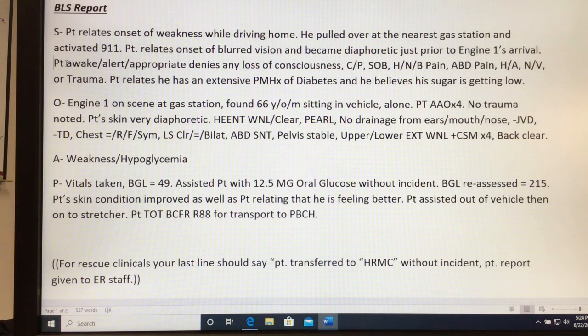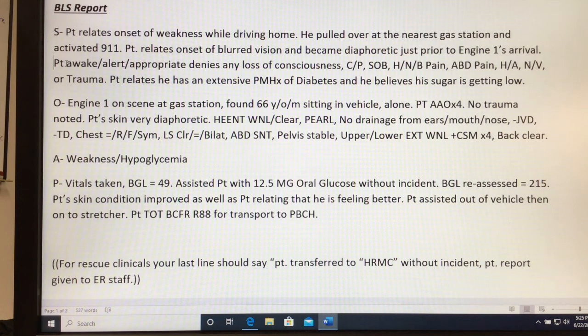When I have the patient awake, alert, and oriented, denies any loss of consciousness, and so on, I asked the patient during the time that I spent with him, "Sir, do you have any of these other symptoms?" Remember, just because the call comes in as weakness doesn't necessarily mean that your patient doesn't have chest pain or shortness of breath or abdominal pain, et cetera.